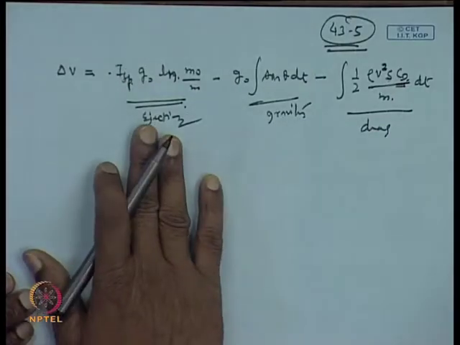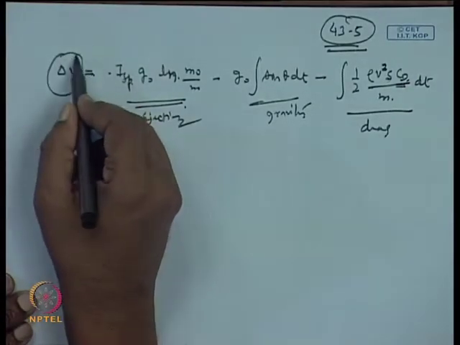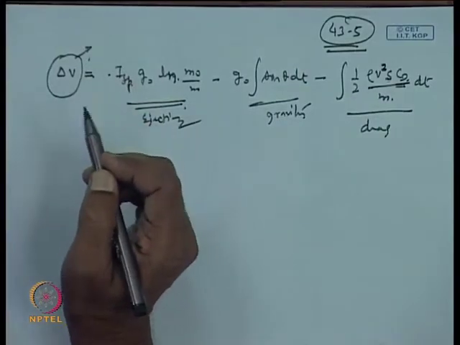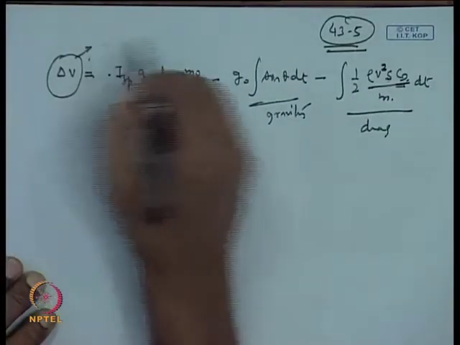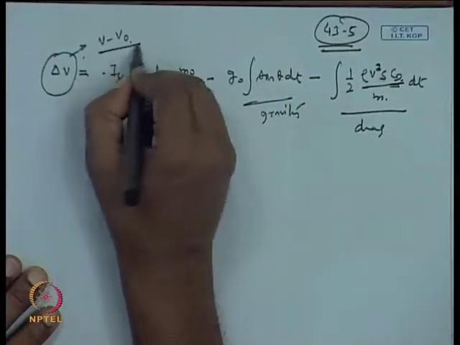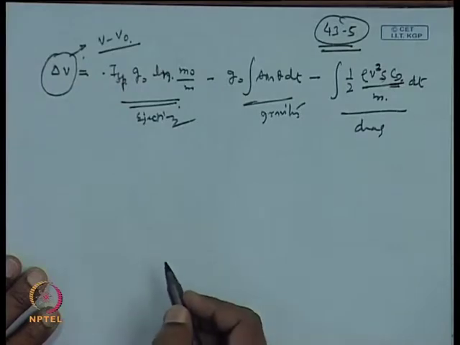Okay, now, in this format you know what our objective is. Our objective is to get this delta V, sorry, delta V maximum. So, we can consider this to be at the burnout.